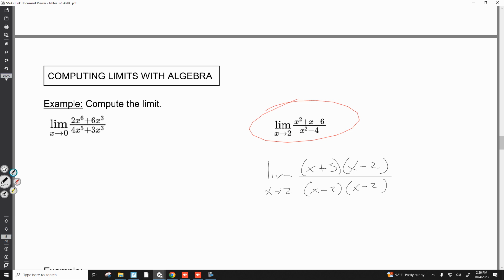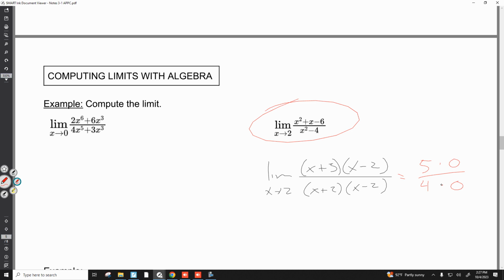But they're asking you, hey, if you plug in a value very close to 2, what do you get? Well, if I plug in a value very close to 2, this is a number very close to 5. This is a number very close to 0, but it's not 0. This is a number very close to 4. This is a number very close to 0, but it's not 0.